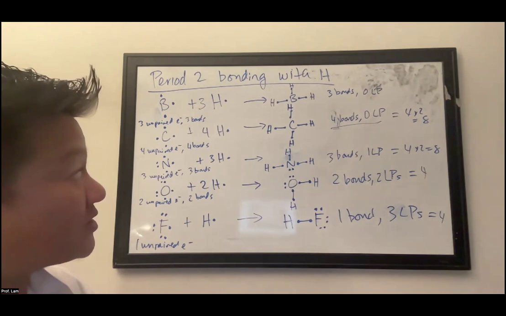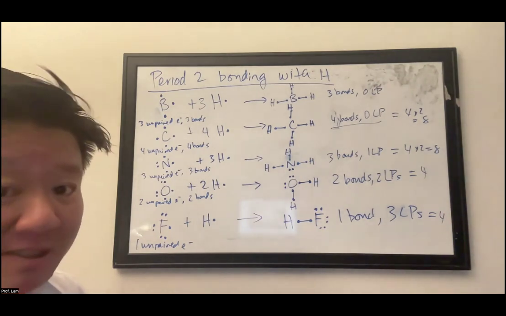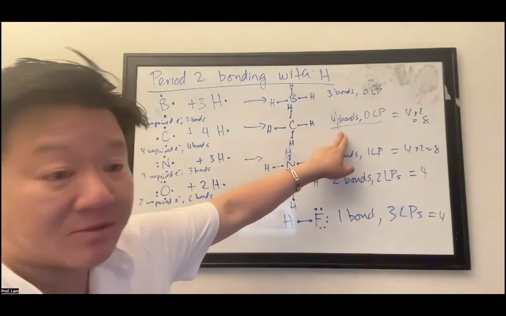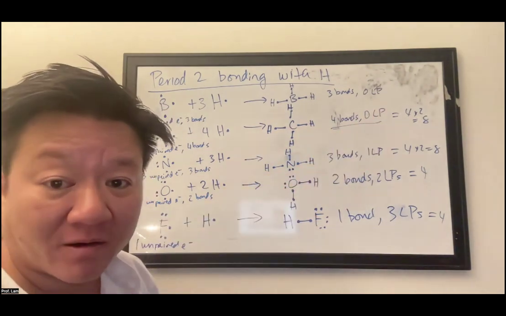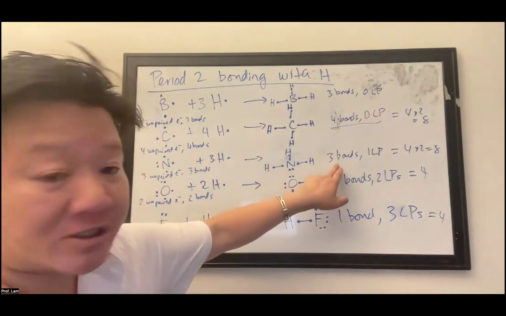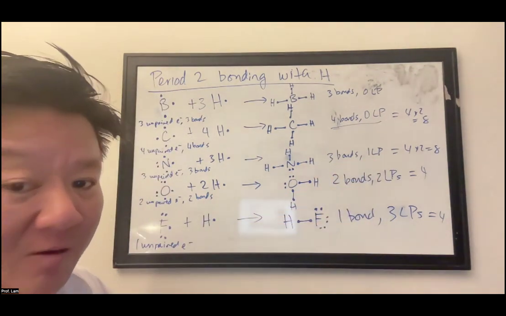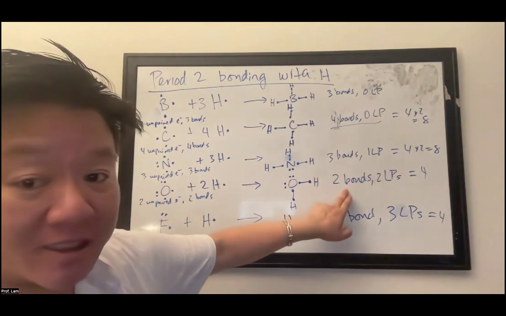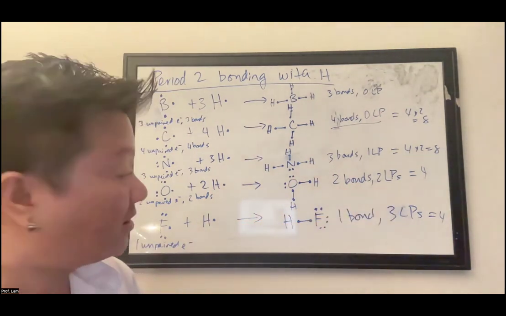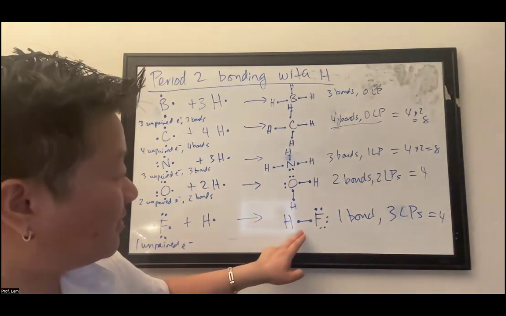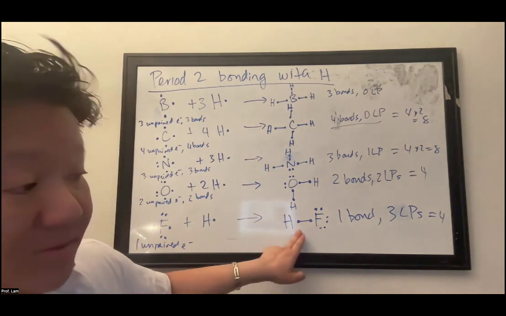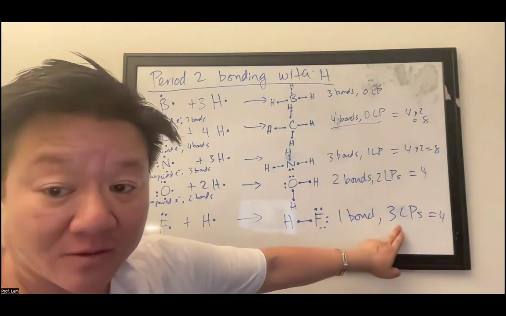What you will see for period 2 elements is that carbon will always want to make 4 bonds and have 0 lone pairs. Nitrogen will always want to make 3 bonds and only has 1 lone pair. Oxygen will want to make 2 bonds and have 2 lone pairs. And hydrogen and fluorine will always want to make 1 bond, and fluorine has 3 lone pairs.